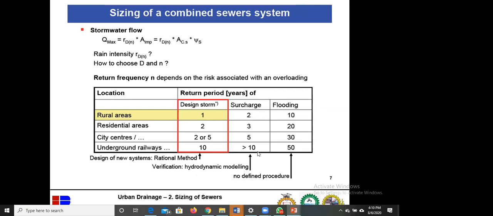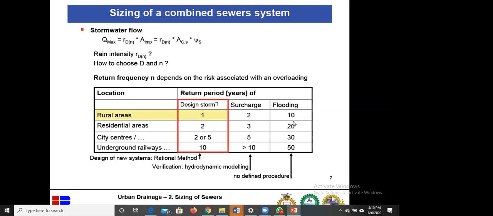But if your aim is to design against flooding in a flooding area, in a residential area, you're going to use 20 years. If it's a city center, you're going to use a flood of 30 years. Then if you are designing an underground railway or underground system, or houses that have basements, you're going to use a 50-year flood.